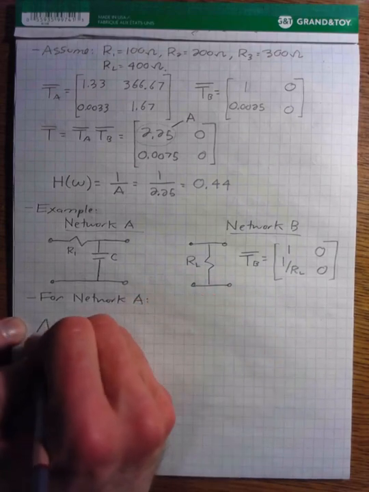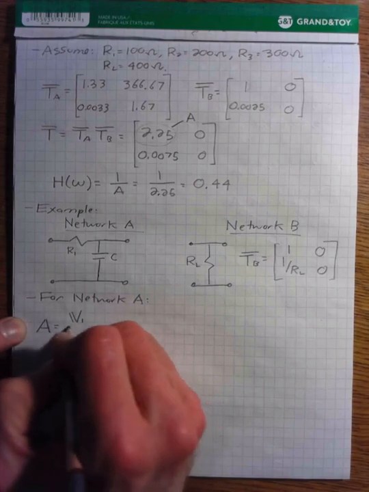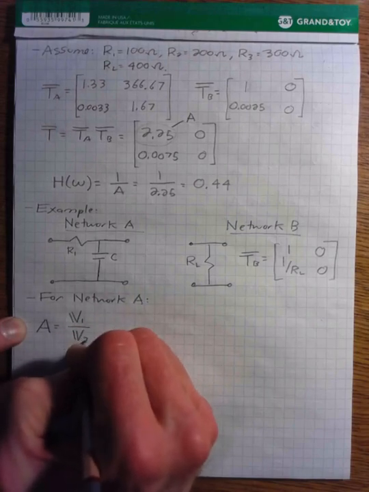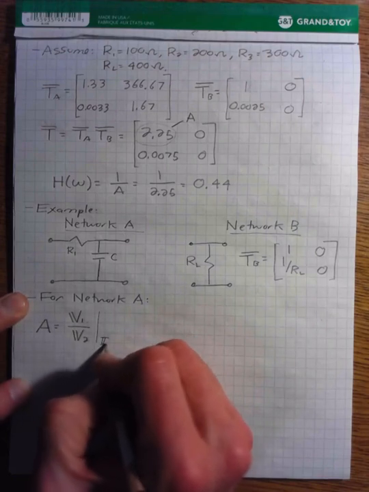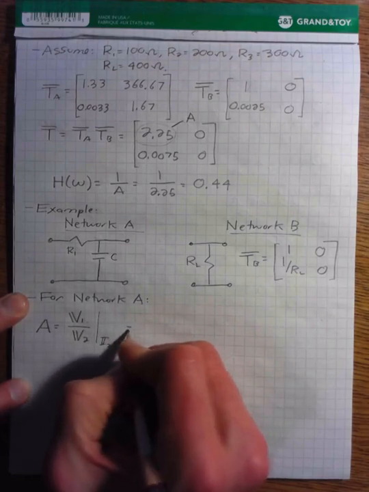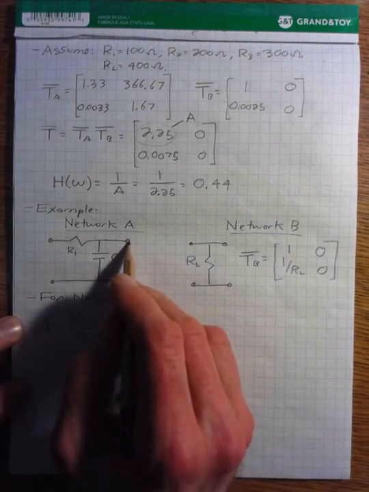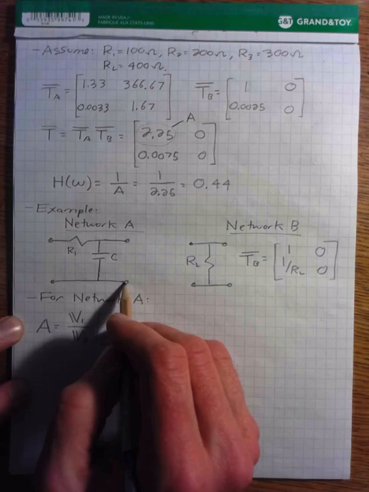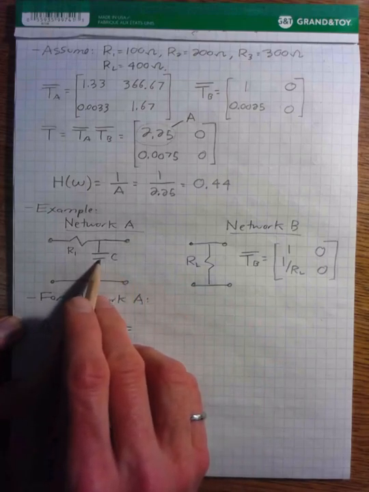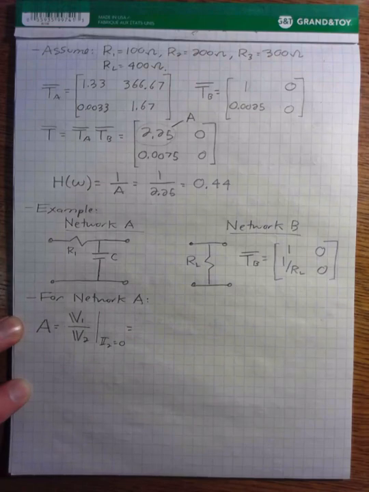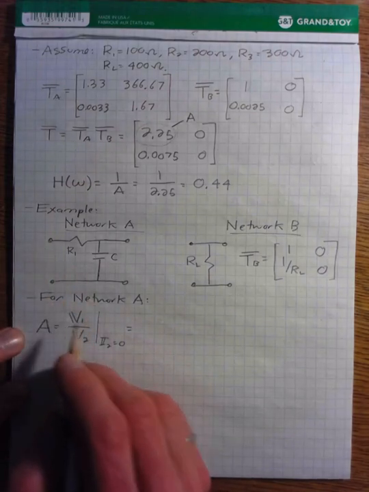So the A parameter for network A is the ratio of the voltage at the input, V1, divided by the voltage at the output, V2, assuming that the output is open circuited. And if this output is open circuited, then the voltage at the output can be found using the voltage divider equation and the complex impedances.